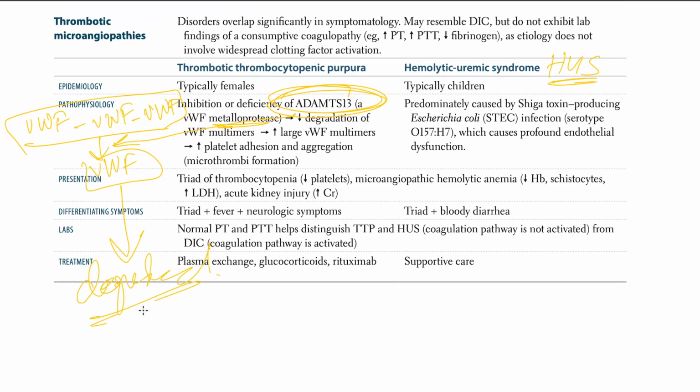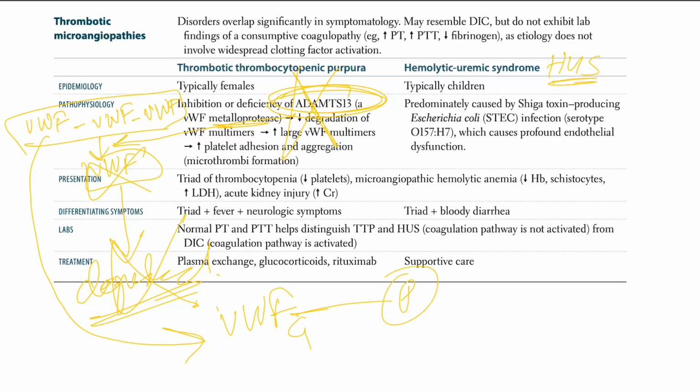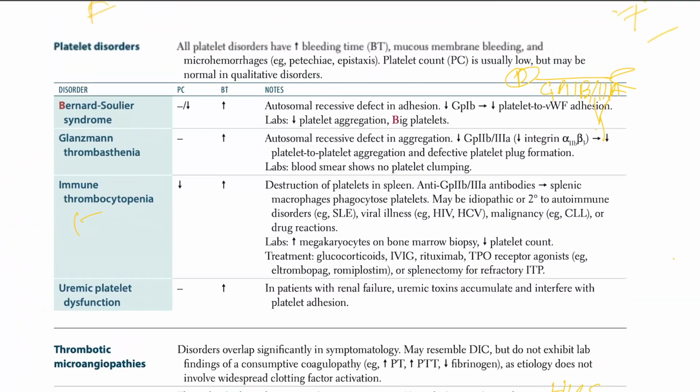So when you don't have this, you can't make monomer. When you can't make monomer, you can't degrade them. So multimers remain in the blood. When multimers remain in the blood, what does von Willebrand factor do? They bind to the platelet by their GP1b, right?